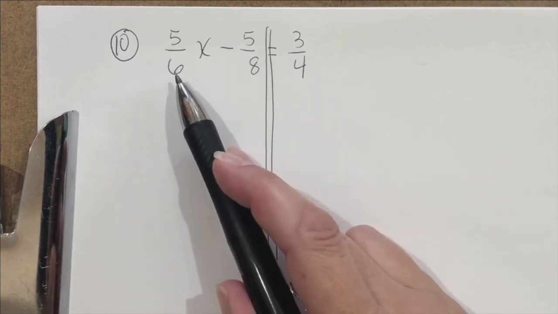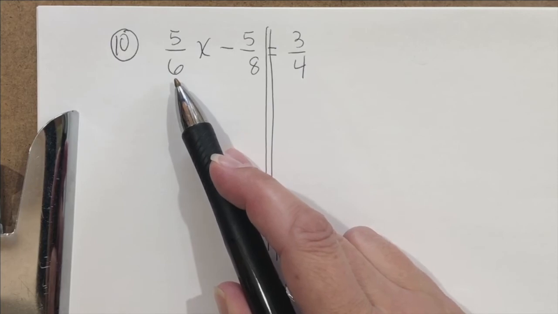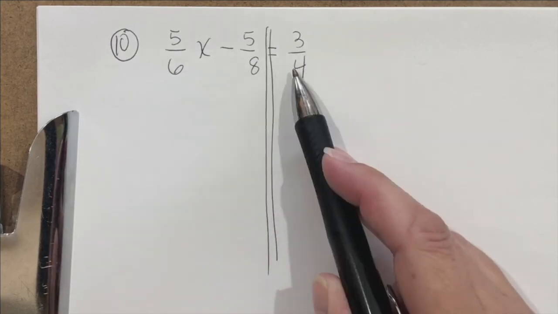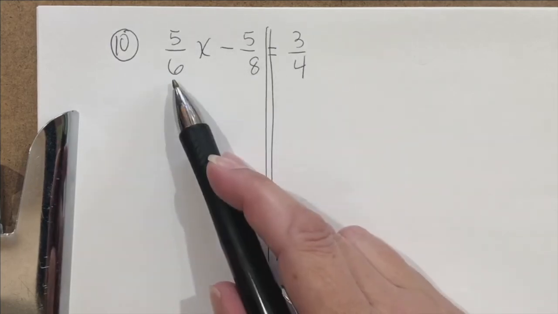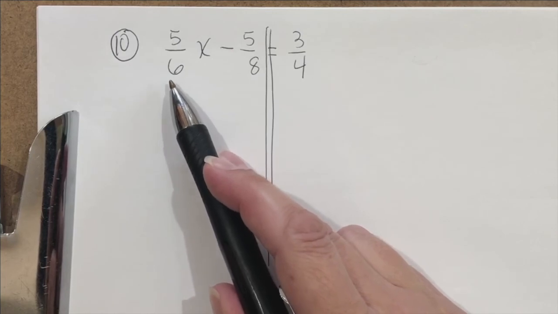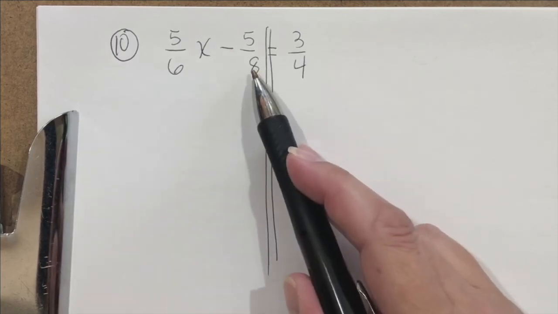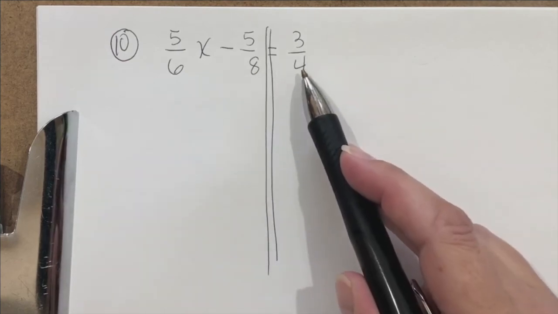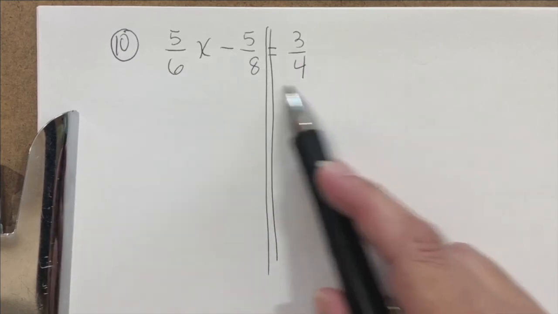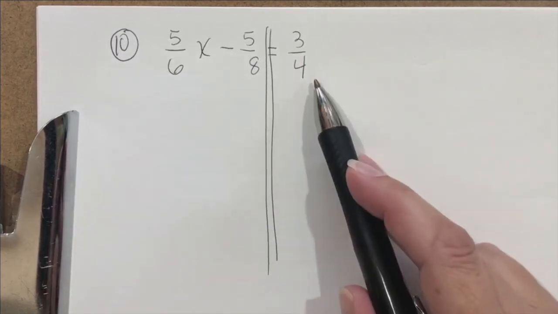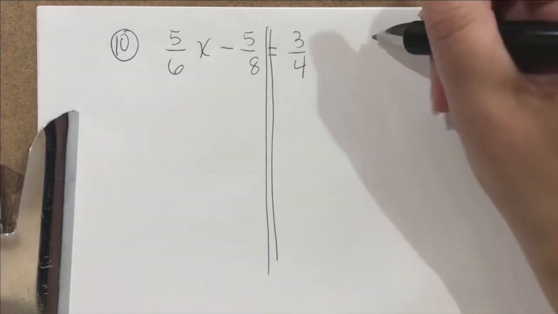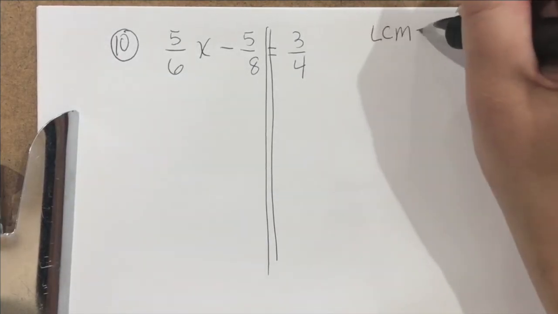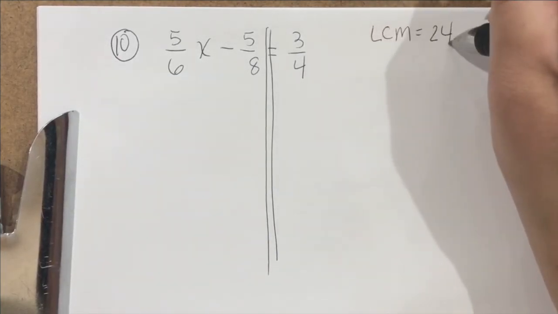So 6 times 3 is 18. 4 and 8 can't really do that. 6 times 4 is 24. 8 times 3 is 24. And 4 times 6 is 24. So we can multiply to get rid of these fractions using the lowest common multiple of 24.